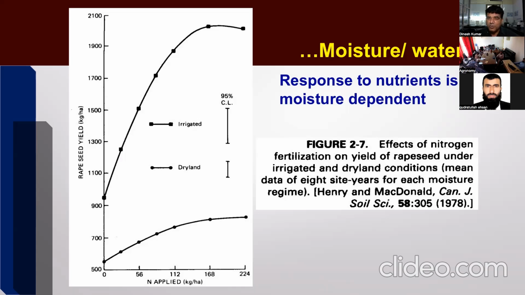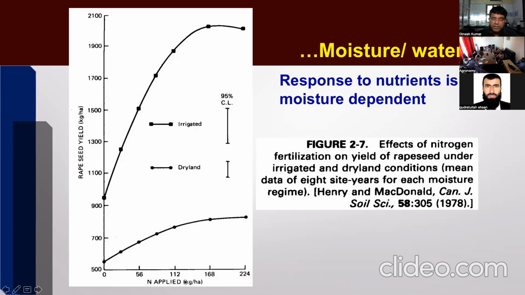So in this case also, you can see the same mustard or rapeseed, this rapeseed is, I think, grown in your country. It is also called canola, a mustard-like plant. So you can see on the x-axis in this picture, it is the nitrogen applied.